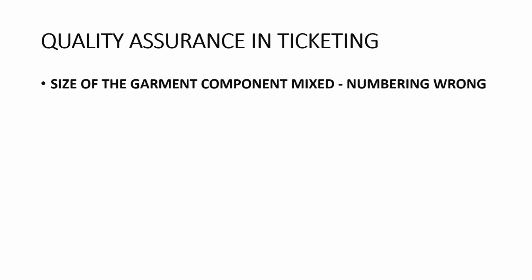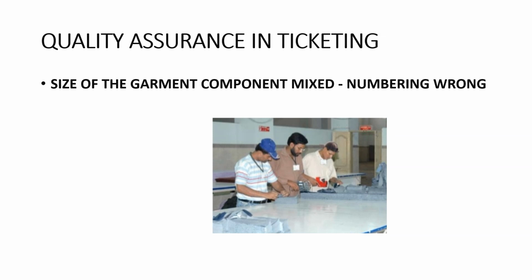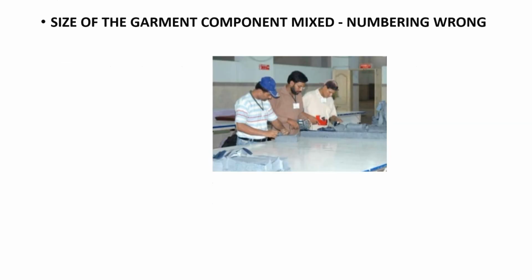Different numbering system will not work there if different sizes of the garment components are mixed in the lot. So you have to be very careful while doing the ticketing operations. Similar size components should be there, and ticketing should be done accordingly. So from the quality control point of view, these particular operations are very, very important, and we have to look into it to produce good quality garment without affecting the productivity.